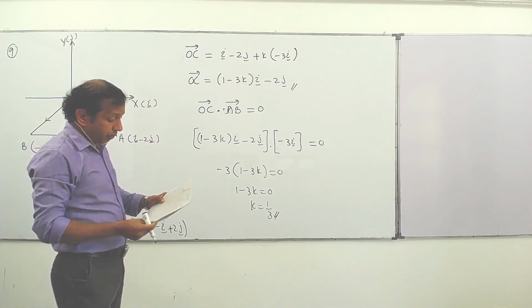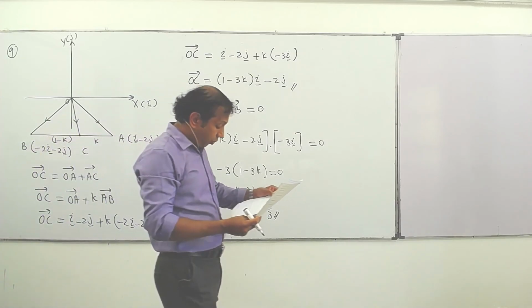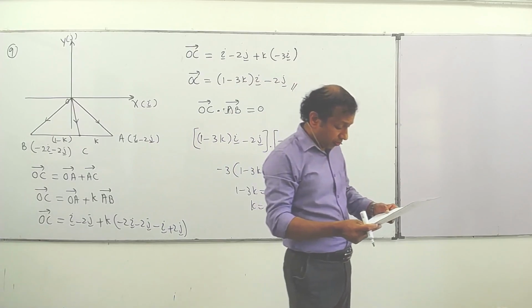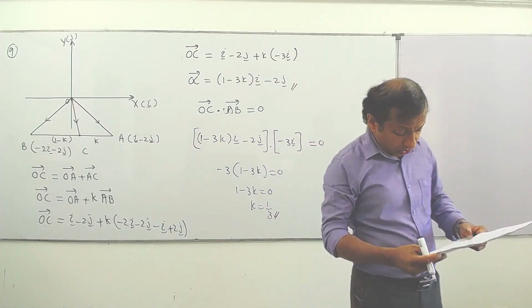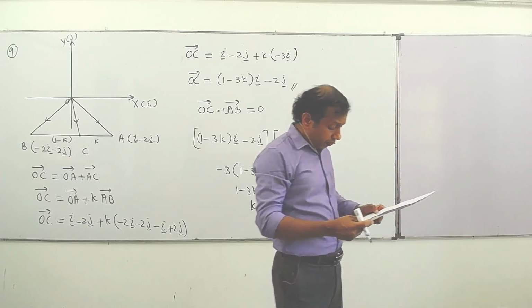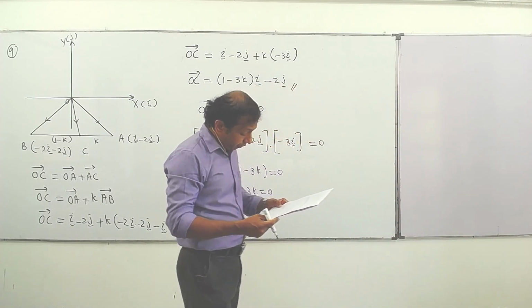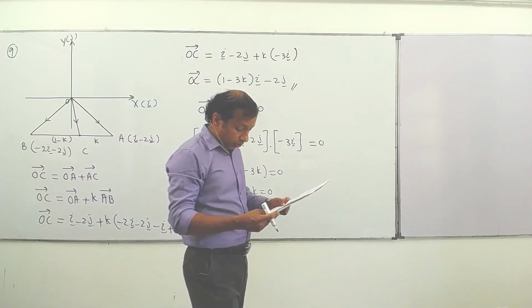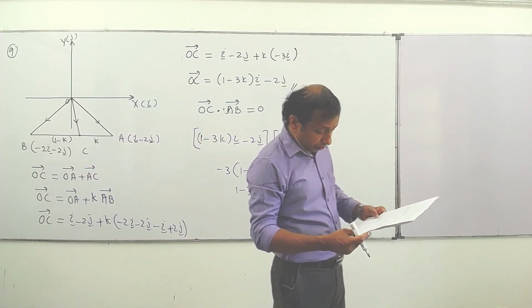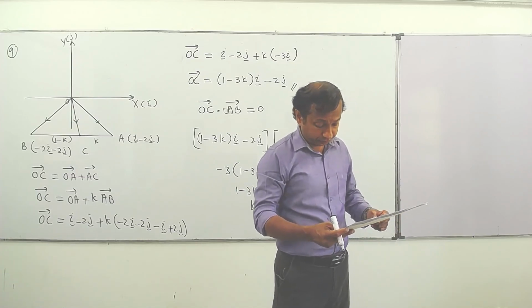A uniform rod AB of weight W and length 2a is smoothly hinged at A. The rod is kept in equilibrium with B below A, making an angle pi by 4 with the vertical, by a horizontal force P acting at B as shown in the diagram.